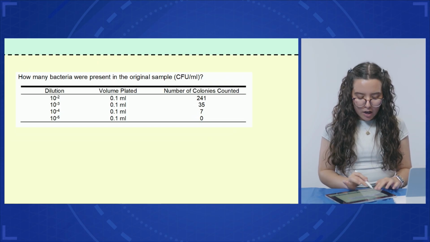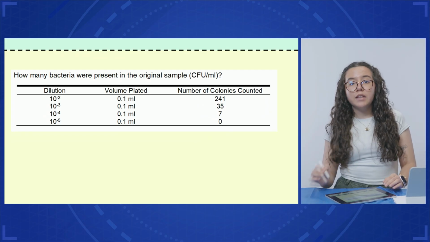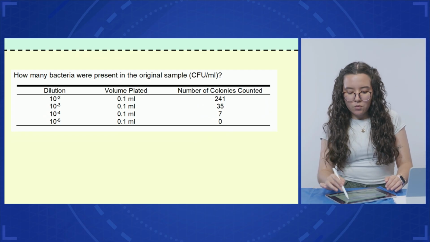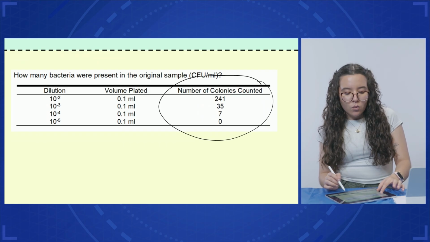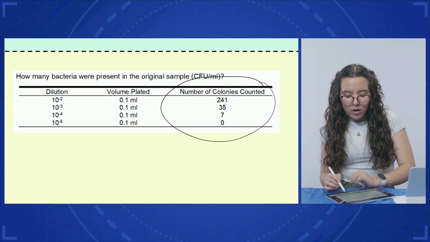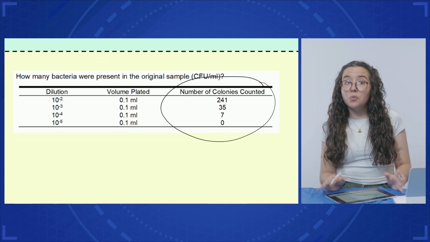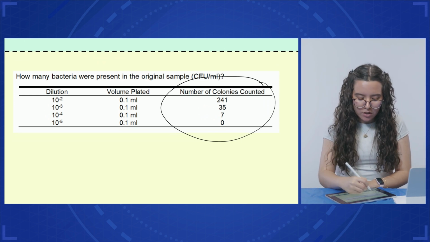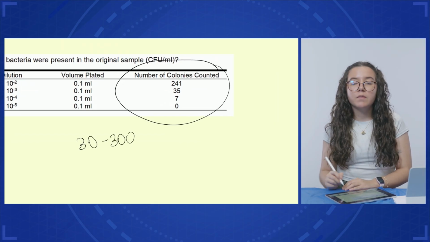So here what was done was different dilutions were plated, and that resulted in different numbers of colonies counted. What you need to know whenever you're dealing with number of colonies is the countable range. There is a countable range of 30 to 300.